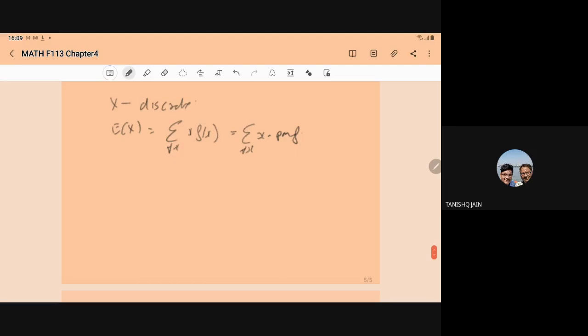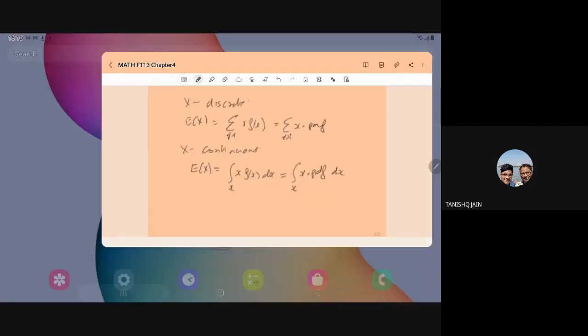But when x is continuous, you cannot write all the points. So instead of the summation we write the integration over x, and here we have x into f(x) into dx, means the integration of x into PDF with respect to x, provided this integration must exist.